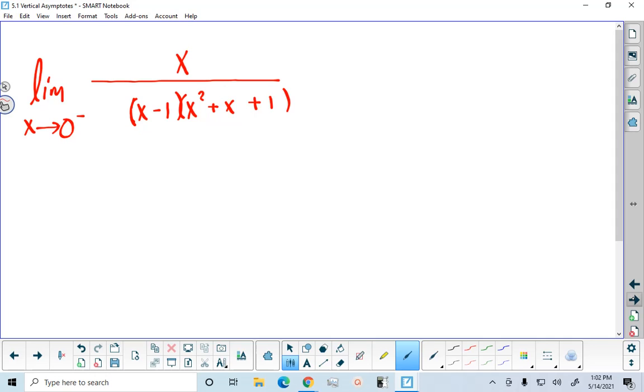This is from Math 30-1. If you have a factor that cancels, then it's no longer an asymptote. So we're not worried about 0. We're worried about 1 from the left. And also, we want to find the limit as x approaches 1 from the right of this thing.